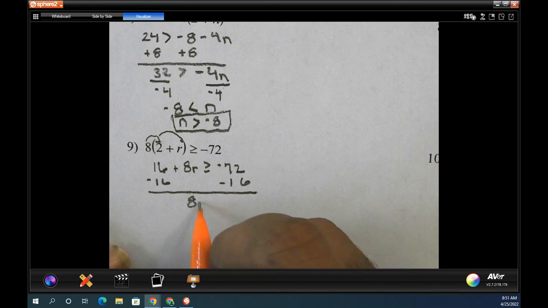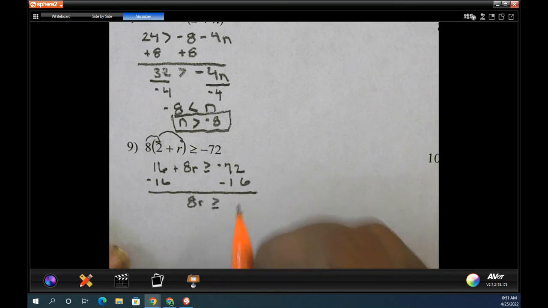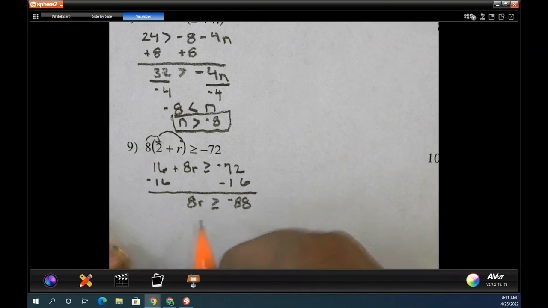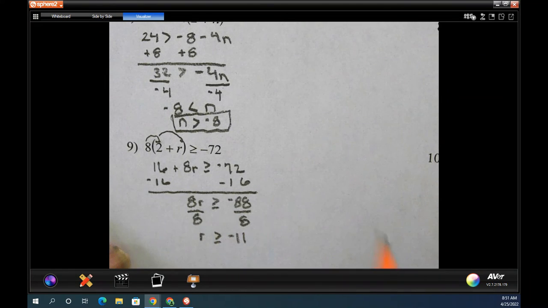So we have 8r is greater than or equal to negative 88. So now you just divide both sides by 8. r is greater than or equal to negative 11. We divided by positive. Our variable's on the left. Everything's good. r is greater than or equal to negative 11.